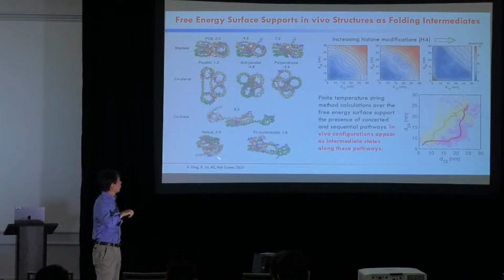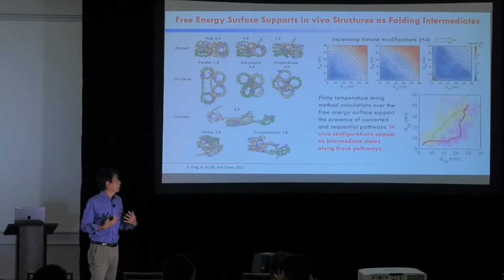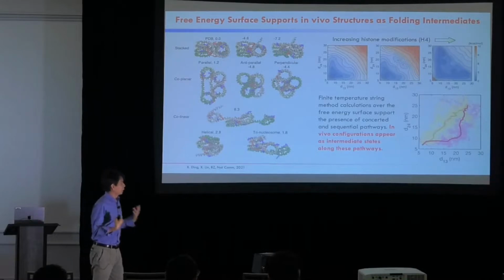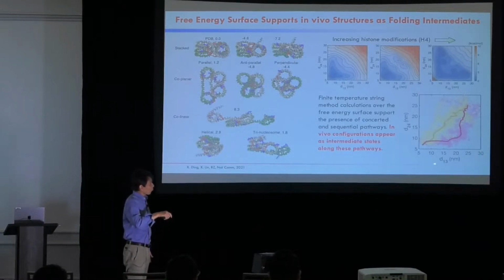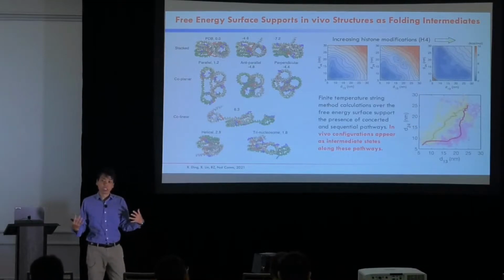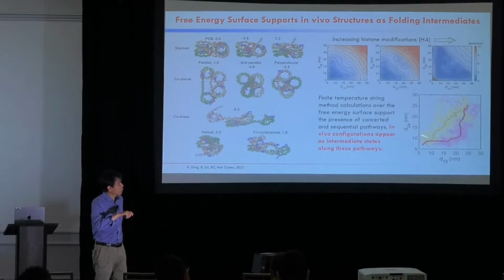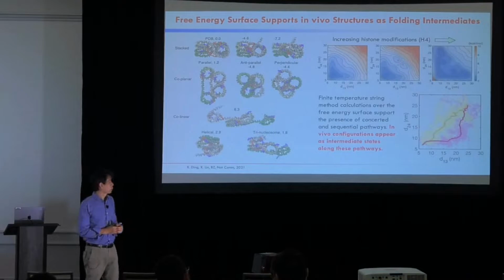What's really useful is that we can now use those free energy profiles to compute the most probable transition path without any bias. And again, we show that the folding indeed occurs through both concerted and sequential pathways, and the intermediate state does resemble the ones we see in the in vivo configurations.